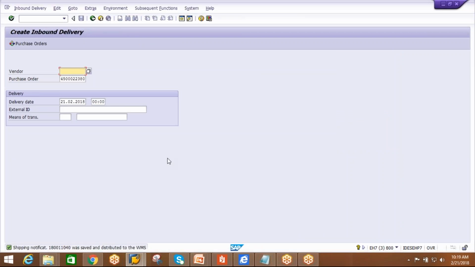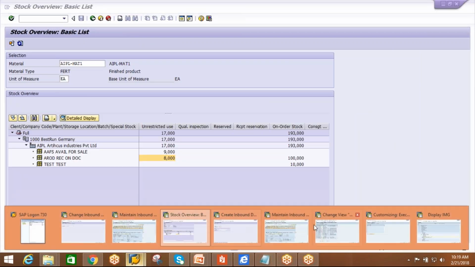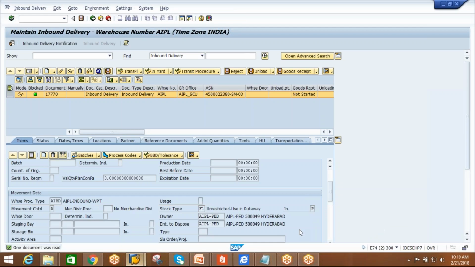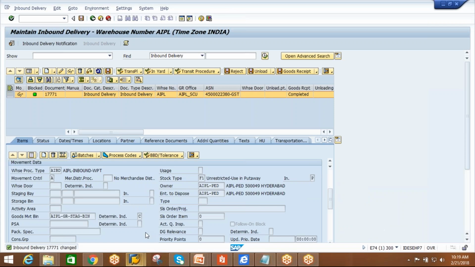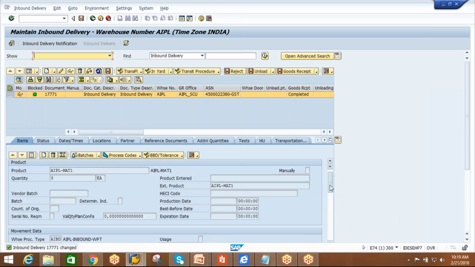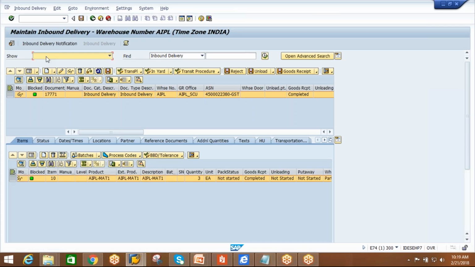Now I am doing put away into our GST storage type. Put away 3 quantities, right? Yeah, GST storage type.